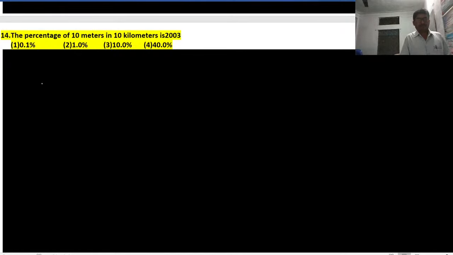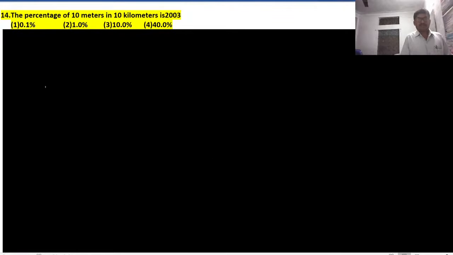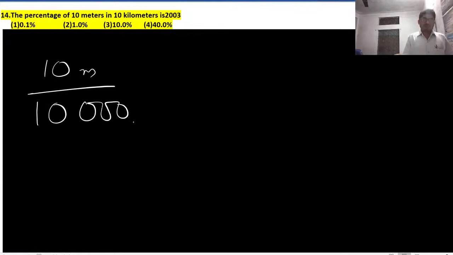Question number 14. The percentage of 10 meters in 10 kilometers. For a kilometer, 1000 meters. 10 kilometers is 10,000 meters.